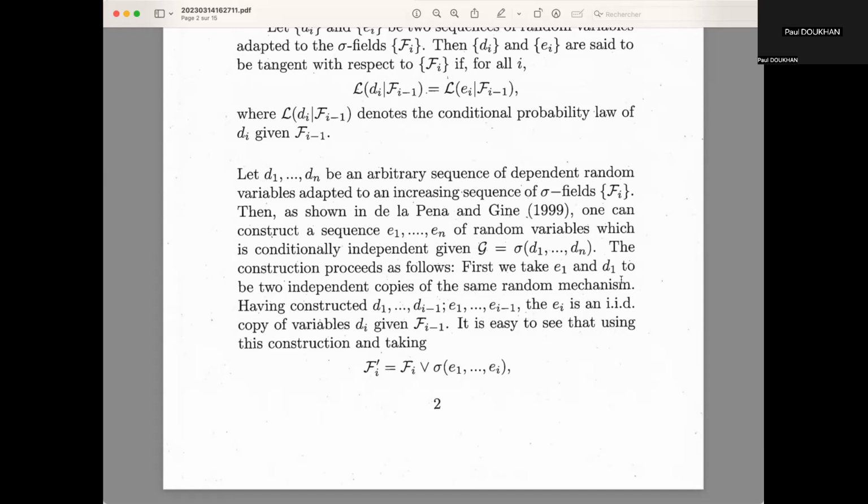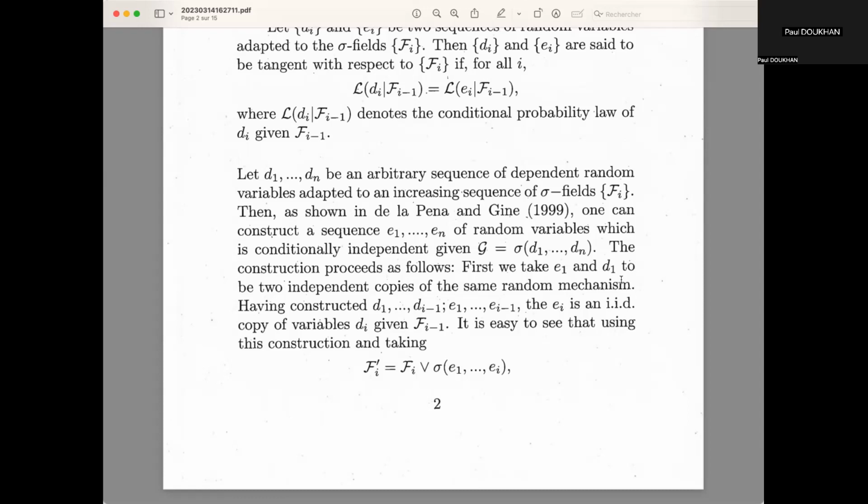And you do the same for the next one. D2 takes you to E3 and also to D3. So again, D3 and E3 are tangent with the same conditional distributions. Now, in order to be tangent, they have to have the same conditional distribution given the past.